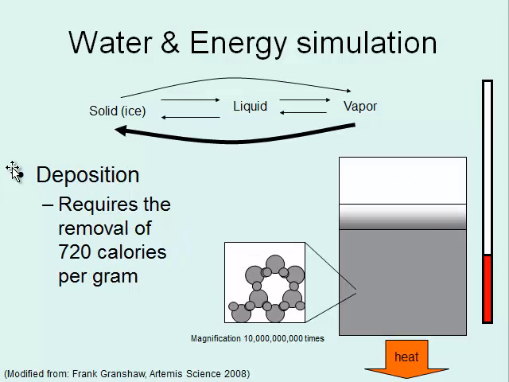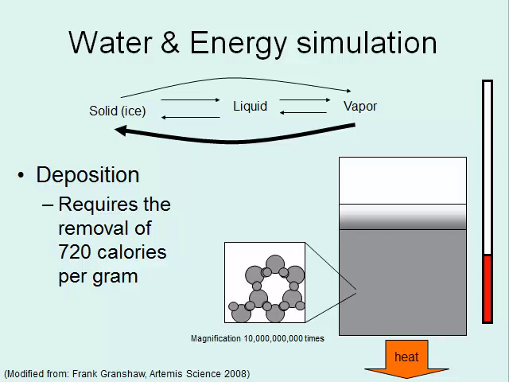And then if we go the opposite way, we go from vapor to solid. So frost is an example of this, taking water vapor out of the air and then depositing it on grass and plants and whatnot, or your car windshield. This is called deposition, and it requires removing 720 calories per gram from that environment to actually form a little layer of ice on the top of this jar here.